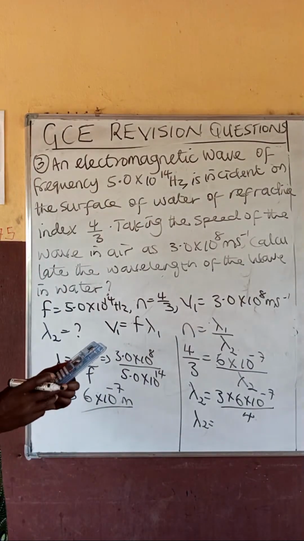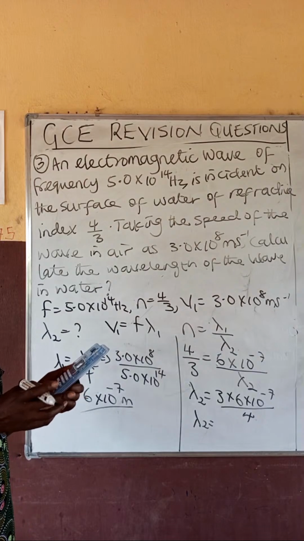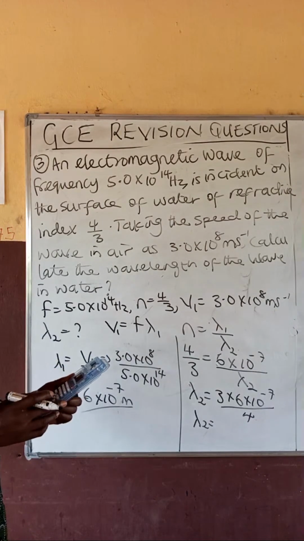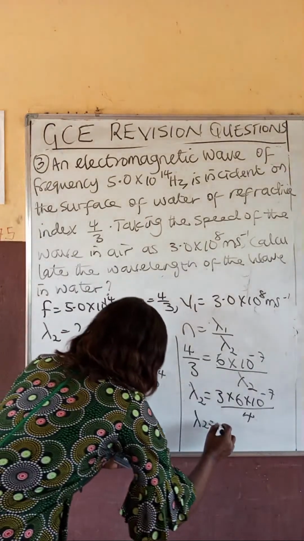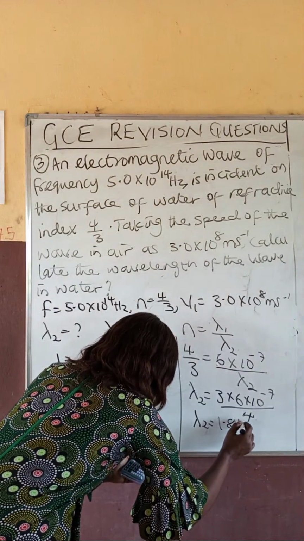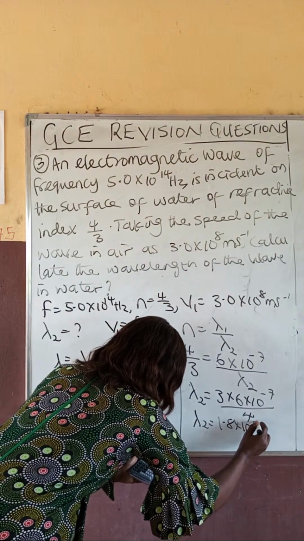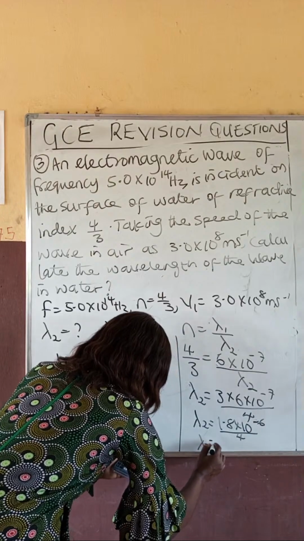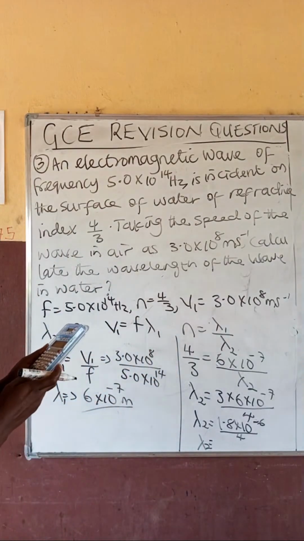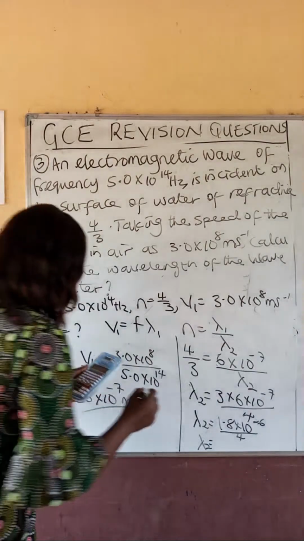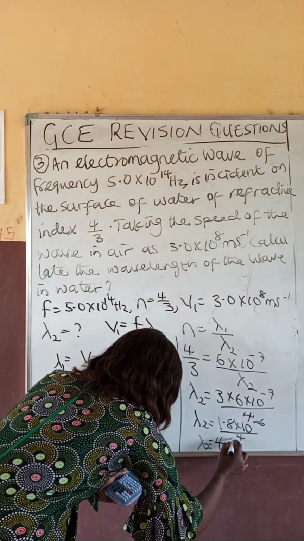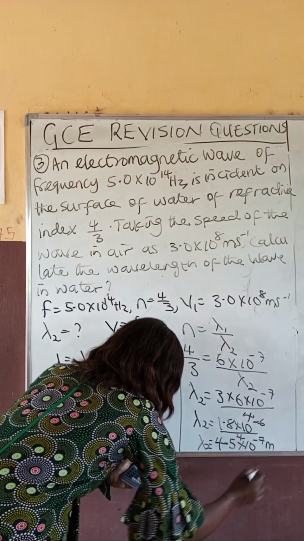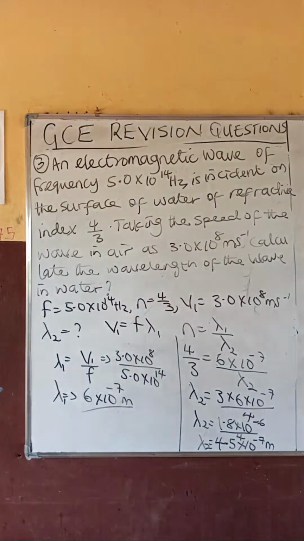Work it out: 3 times 6 exponent minus 7 is equals to 1.8 times 10 raised to the power of minus 6, divided by 4. If I divide by 4, my answer is going to give me 4.5 times 10 raised to the power minus 7 meters.